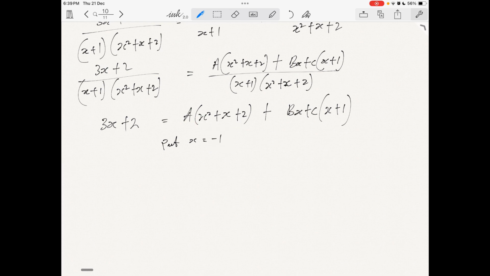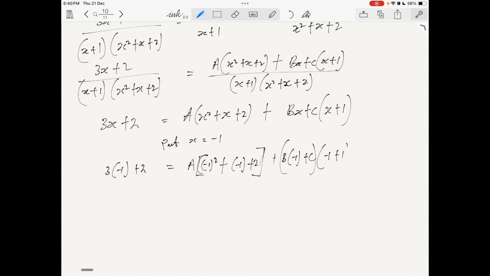If I put x equals -1, I have 3 into -1 plus 2 equals a into (-1) squared plus -1 plus 2, plus b into -1 plus c, into -1 plus 1. Oh, nice. Everything here is 0, so the whole thing is down to 0.